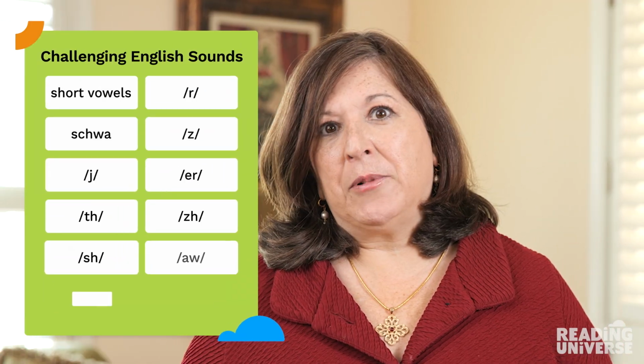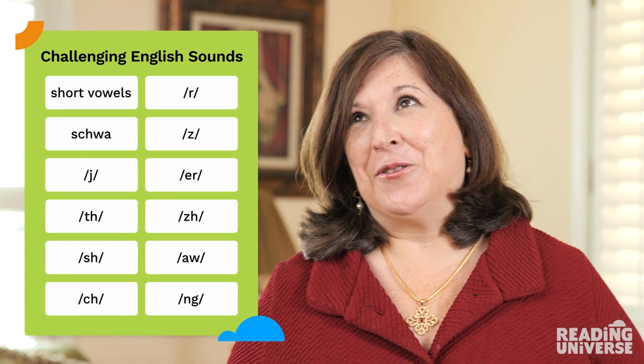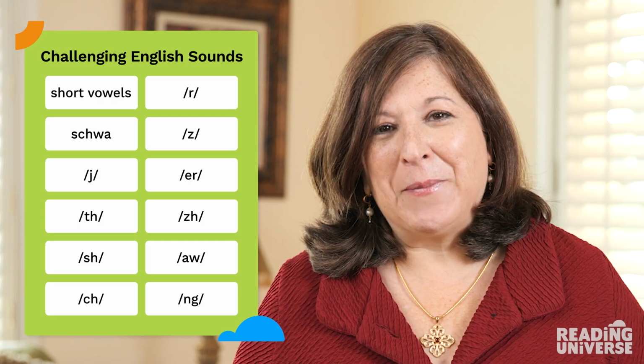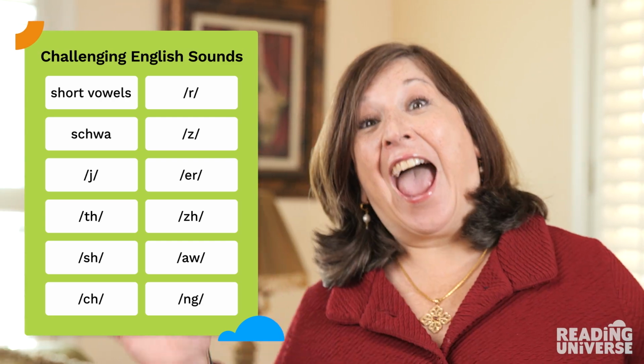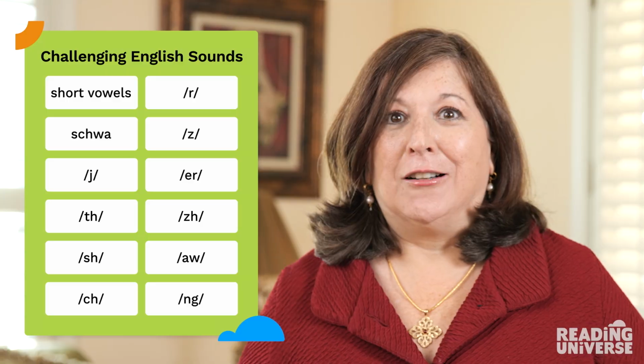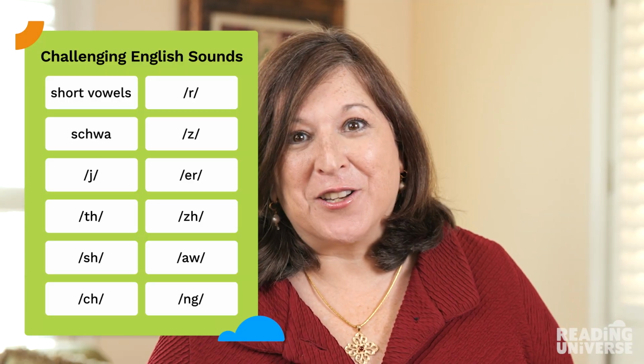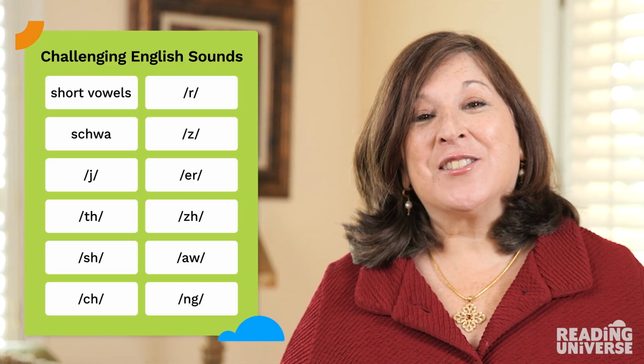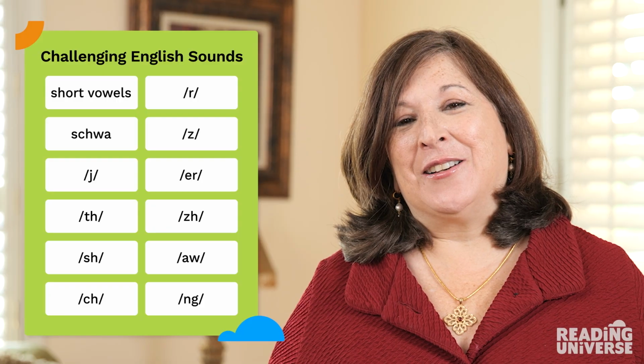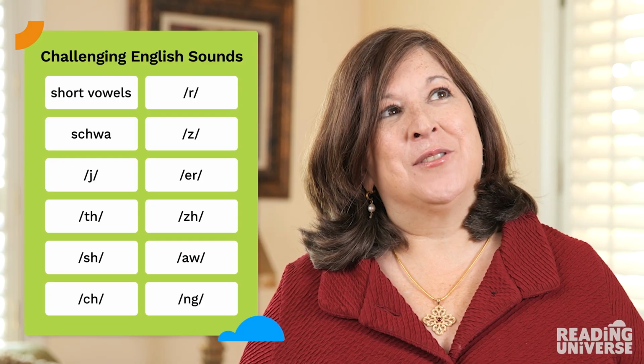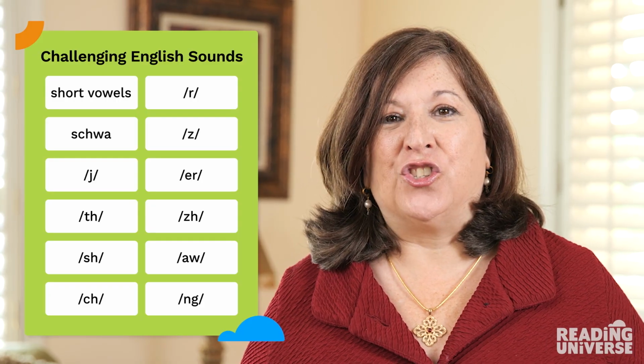Now, what's going to be problematic in the English language? Oh my goodness. What's going to be problematic are those short vowel sounds, and that schwa sound's going to be problematic. Also our digraphs, those two-letter sounds like sh and zh.